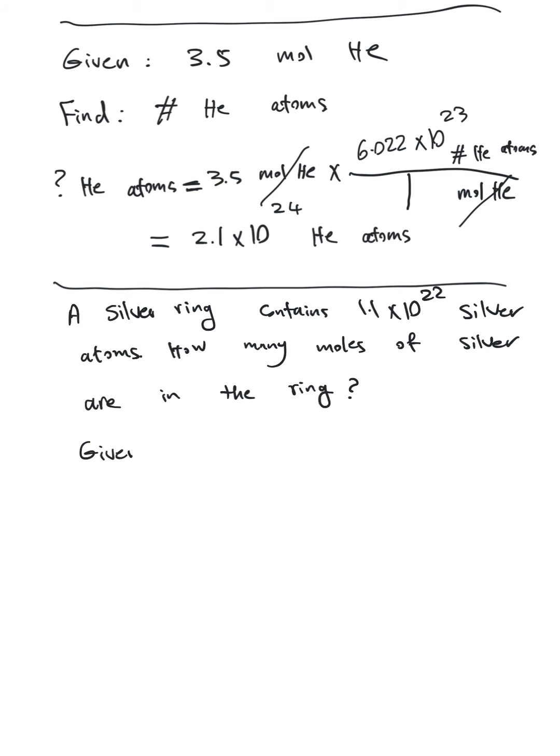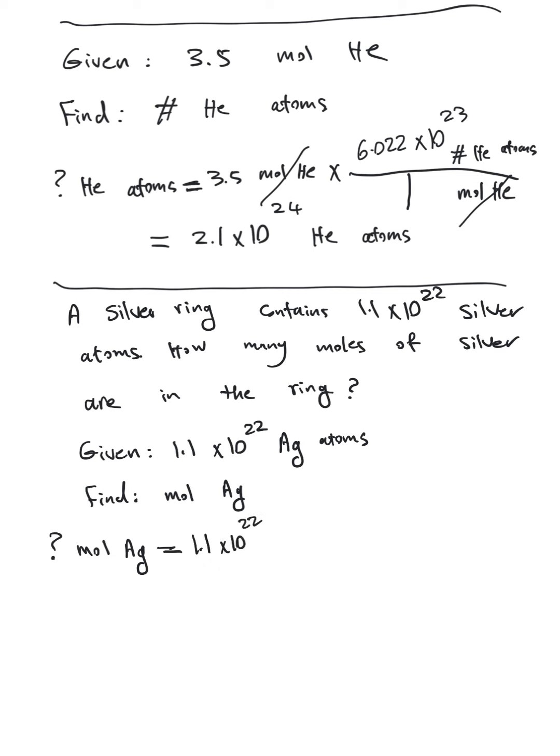So we are given 1.1 multiplied by 10 to the power of 22 silver atoms, and we want to find moles of silver. The thing that you want to find, you always write on the left: how many moles of silver, Ag, equals the thing that you are given, 1.1 multiplied by 10 to the power of 22 Ag atoms.